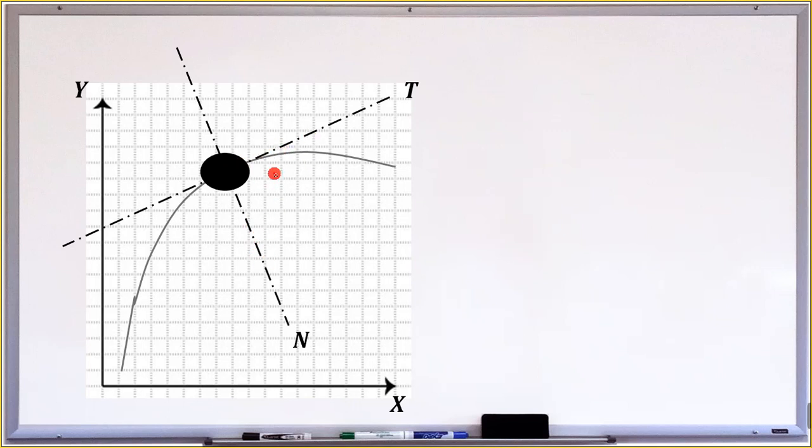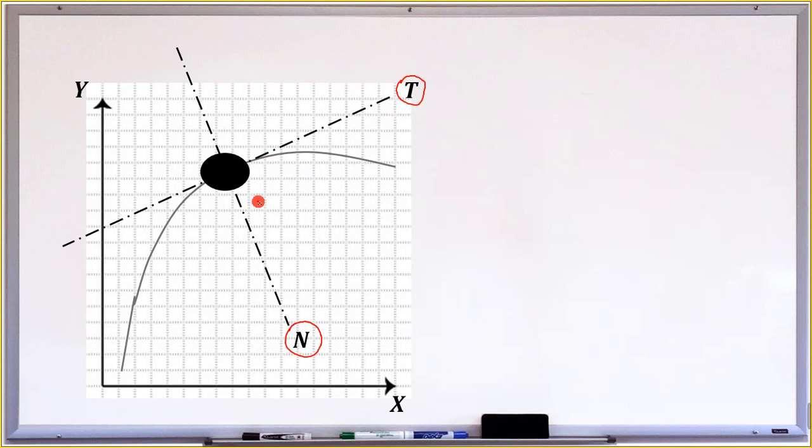So with those components, we need to indicate the axes. The axis that is perpendicular to the curve at a particular point is known as the normal axis, labeled n. And then we also have an axis which is tangent to the curve at a particular point, and we call that the tangential axis or the tangent axis.